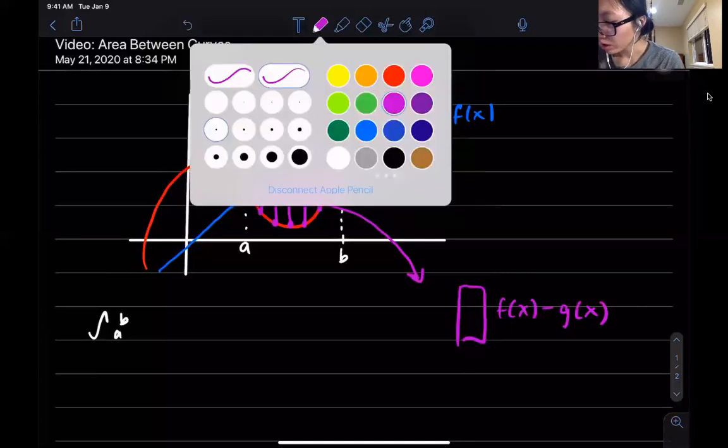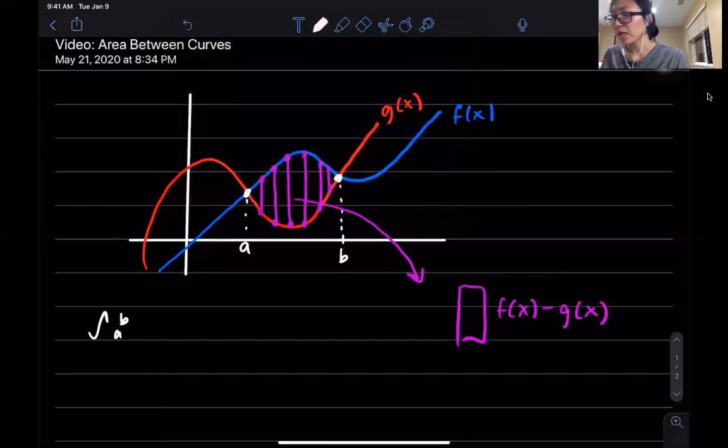So here, if we think about it in terms of Riemann sums, right, what is the Riemann sum? The Riemann sum is the area of rectangles, right? We know based on this rectangle right here, we know that all these slices are going to have a height of f of x minus g of x, right?